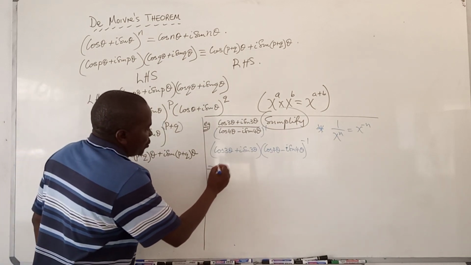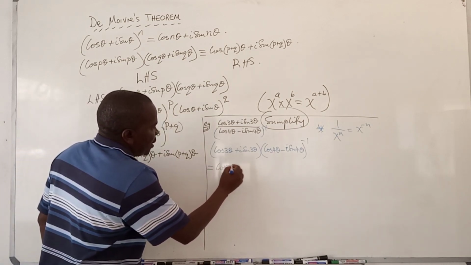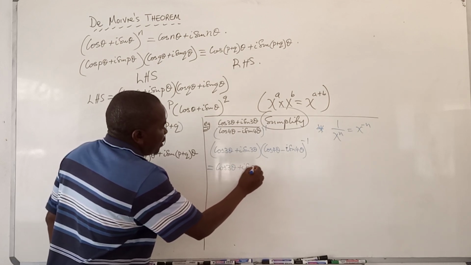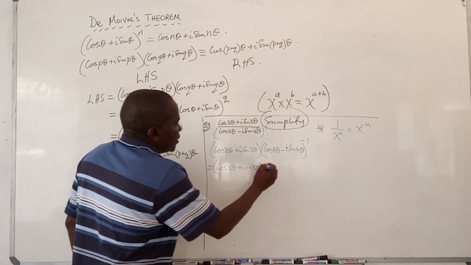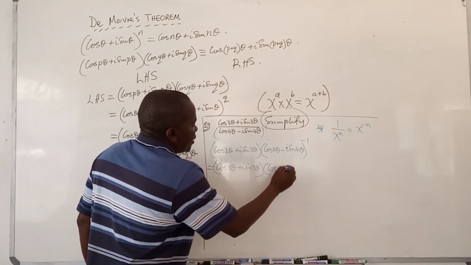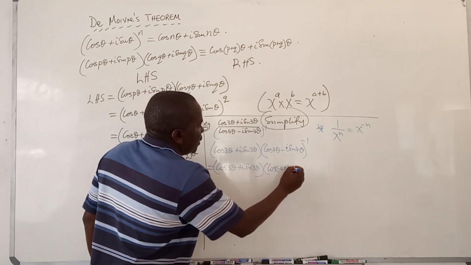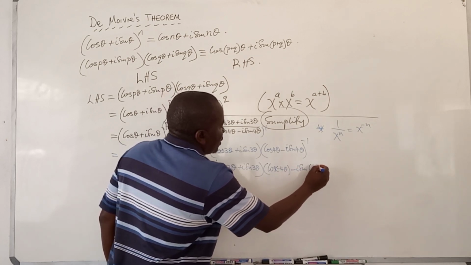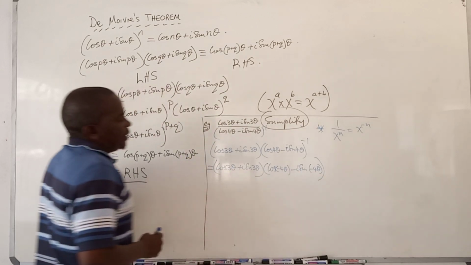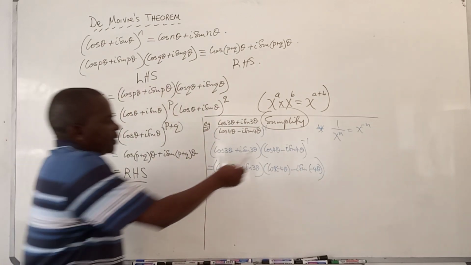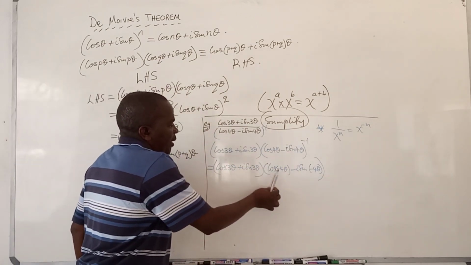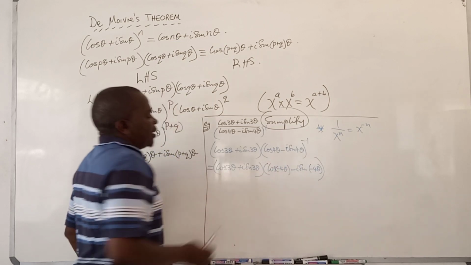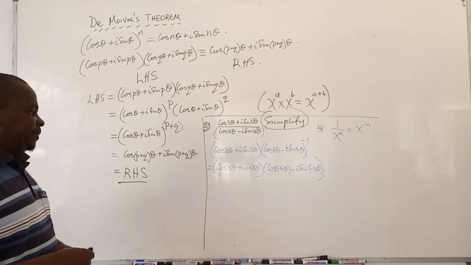So this will reduce to cos of 3 theta plus i sine of 3 theta multiplied by cos of minus 4 theta minus i sine of minus 4 theta. There you are. This one is now multiplying this angle, giving us minus 4 theta. It will also multiply that angle, giving us minus 4 theta again.